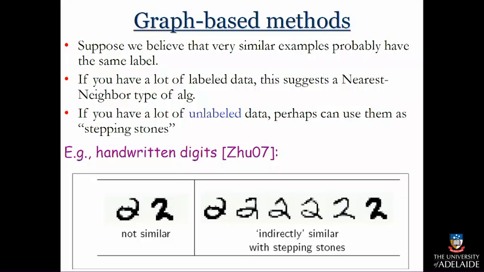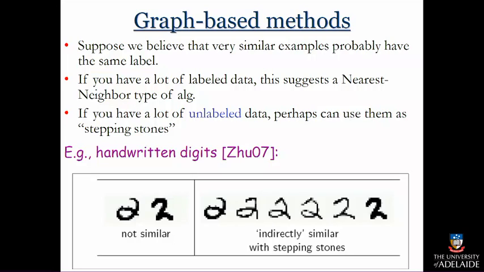So in K-nearest-neighbor classification, given a test example, we find the example in the training data set which has the smallest distance, and you assign that example's label to the test data.